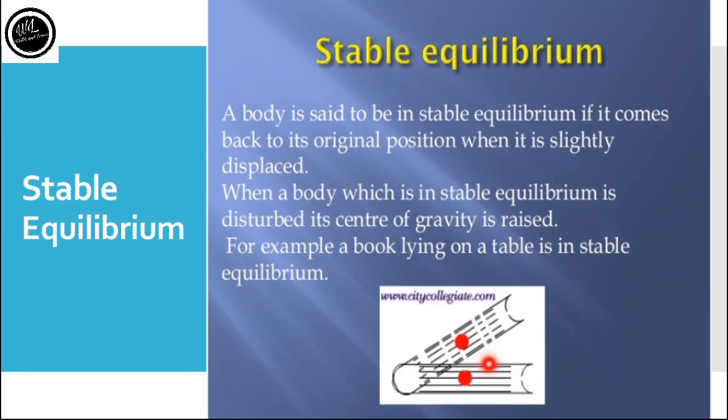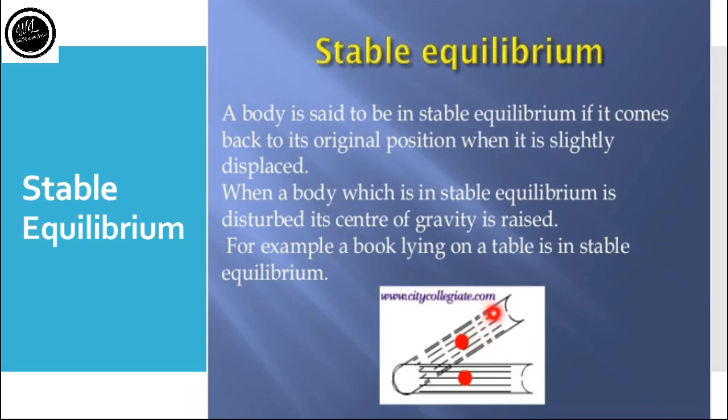The red dot in the book represents the center of gravity of the book. Center of gravity is the point where the whole weight of the body appears to be concentrated. When the body was in equilibrium position here, its center of gravity was at the lowest position. But when I applied some force on it, or slightly displaced it from its original position, you can see that the center of gravity rises.